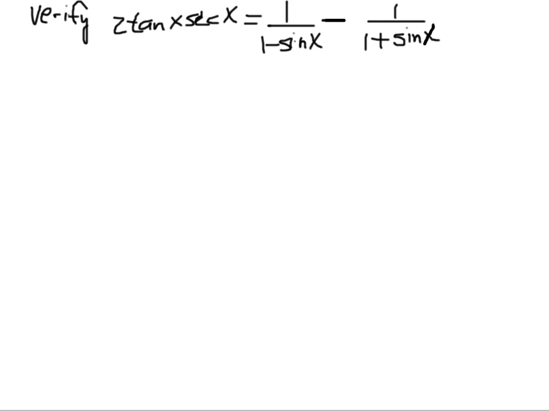And so my common denominator here, I'm going to move this equal sign over a little bit. My common denominator is going to be 1 minus the sine of x times 1 plus the sine of x.